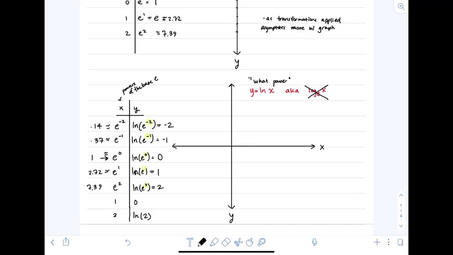Okay, so let's graph it. Let's make sure I give myself enough space. Okay, so at 0.14, we're at -2.